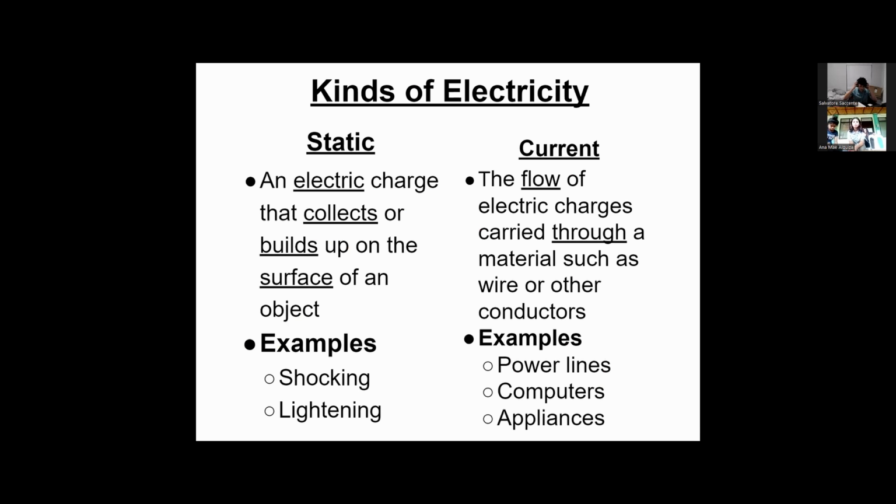So here are the different kinds of electricity, okay? There's two main ones. You have static electricity, which is an electric charge that collects or builds up on the surface of an object, okay?